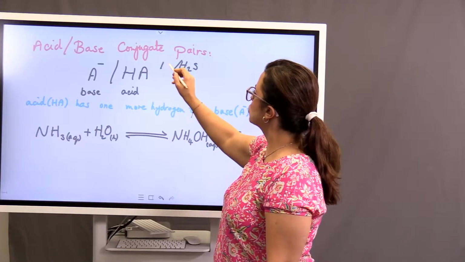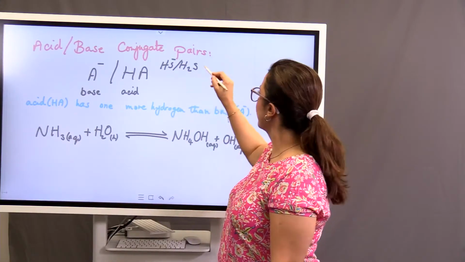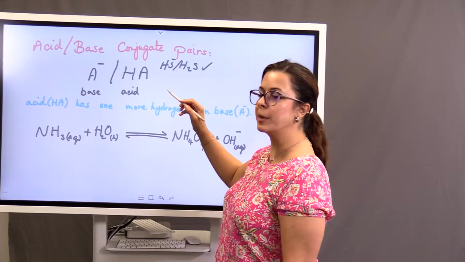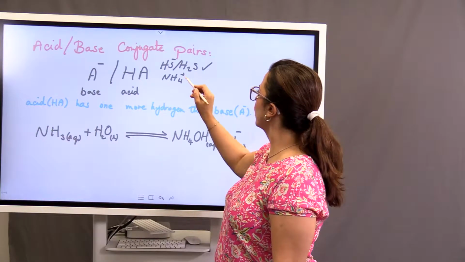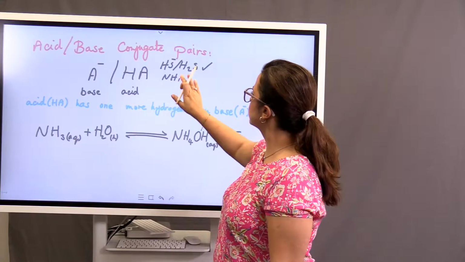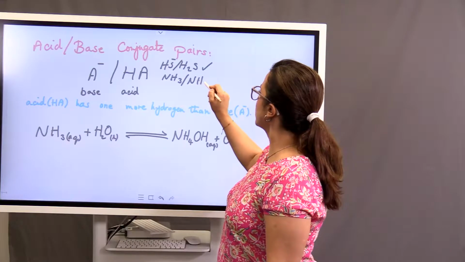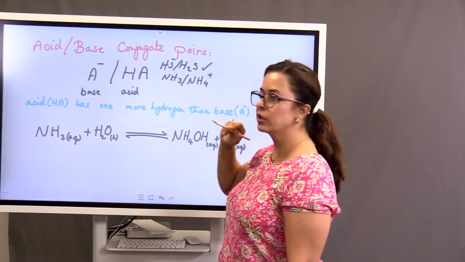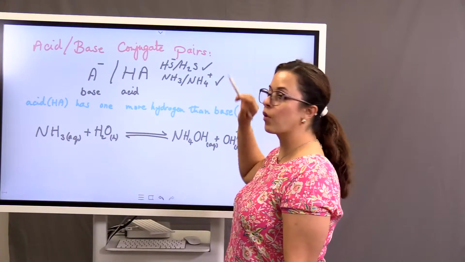and HS, can I call them a conjugate pair? Yes. If you have NH3 and NH4, let's work because we have the base first, can I call them a conjugate acid-base pair? Yes, 3 hydrogens and 4 hydrogens.